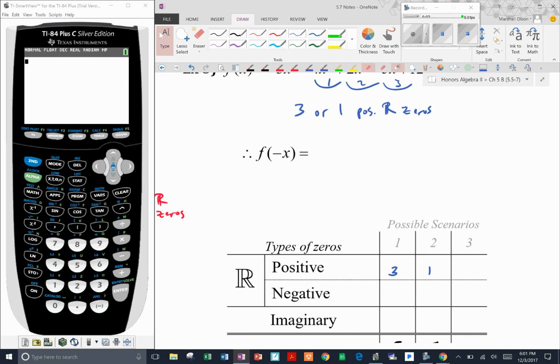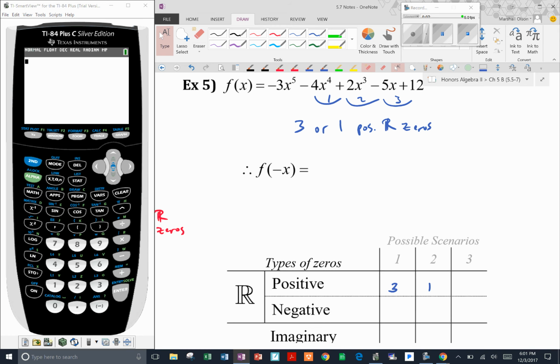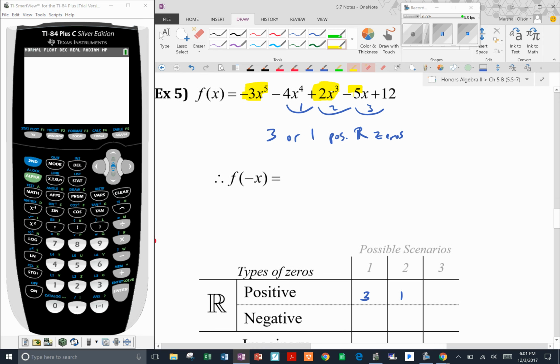And I'll take a look at the f of negative x function. Now remember, the only terms that are going to change signs are these odd degree terms. So the x cubed, the x to the 5th, and the x to the 1st. Those are the 3 terms that are going to change signs. So what we're going to have is 3x to the 5th minus 4x to the 4th minus 2x cubed plus 5x plus 12.